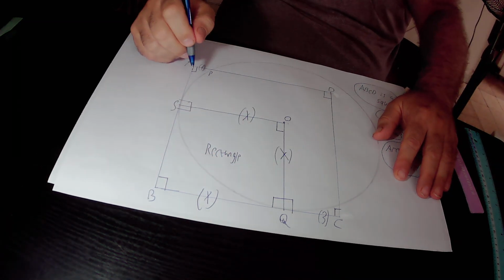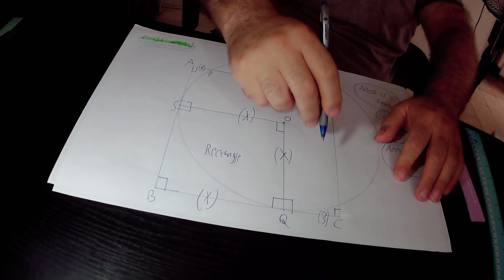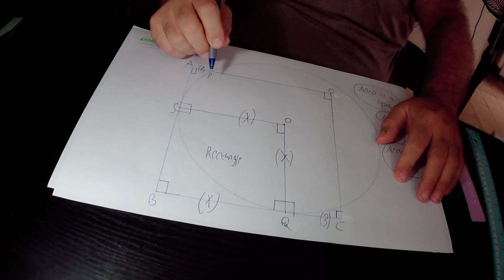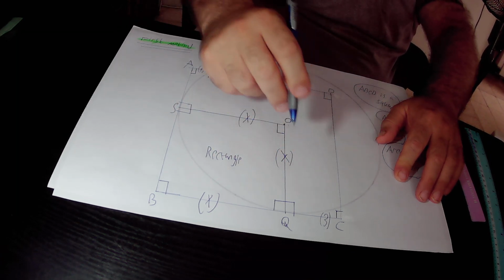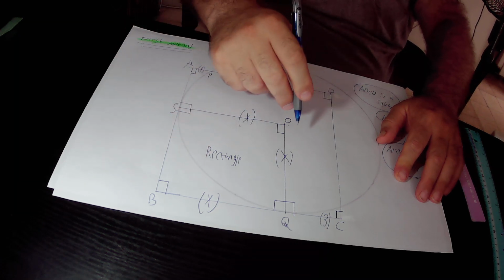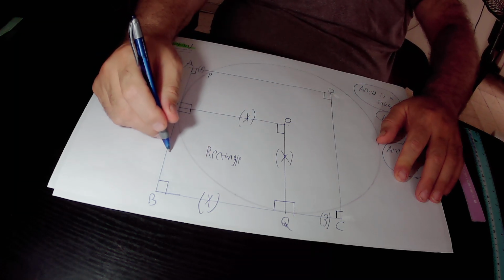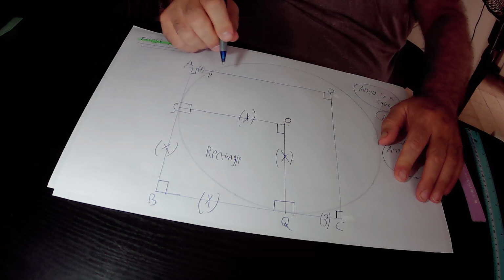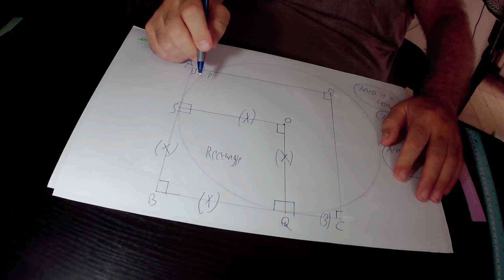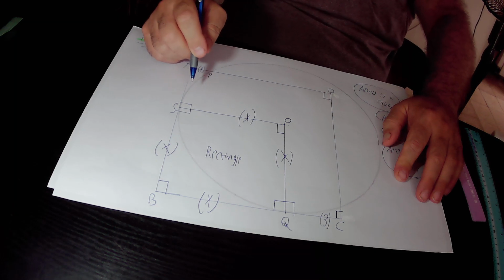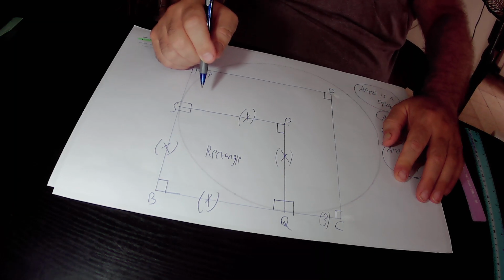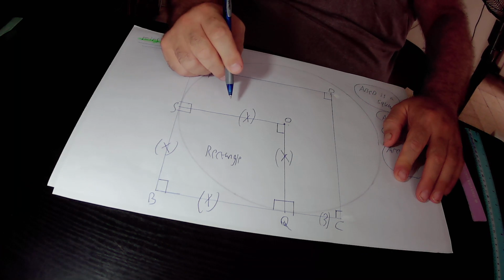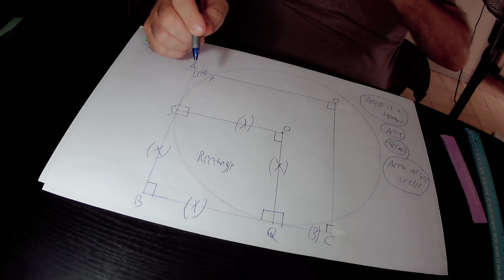Likewise, according to the same rule, in the same rectangle SOQB, side QO equals the opposite side SB, but QO is x, therefore SB must also be equal to x units in its length. So we found out that quadrilateral SOQB is not just a rectangle but a square. Why? Because all of its sides are equal to each other, each side of this square is equal to x units in its length. Okay.